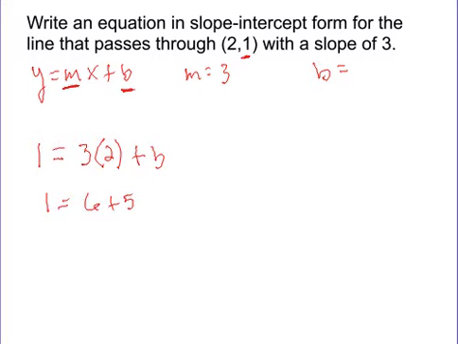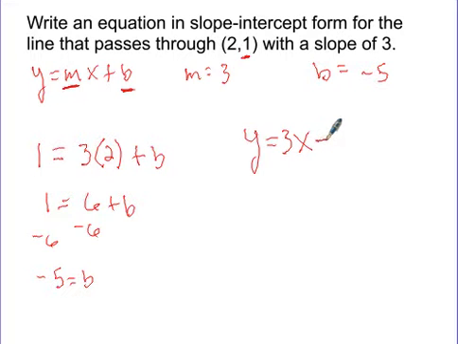Oops, got ahead of myself there. 6 plus b. Subtract 6. Negative 5 equals b. And so I know that b is negative 5. Now I can write my slope-intercept equation. It is y equals 3x minus 5. That's not too bad, is it?